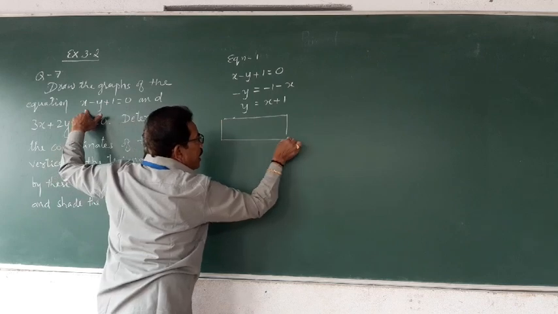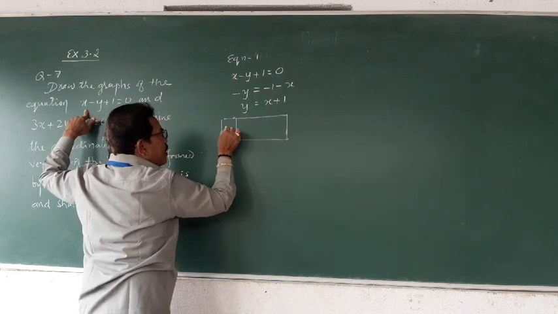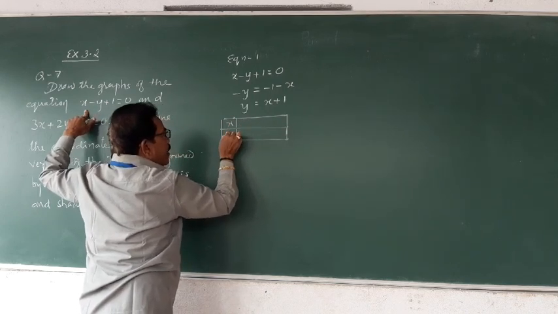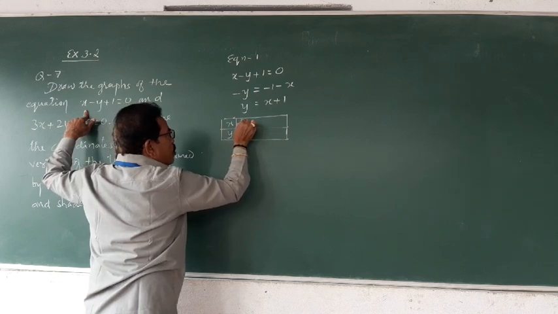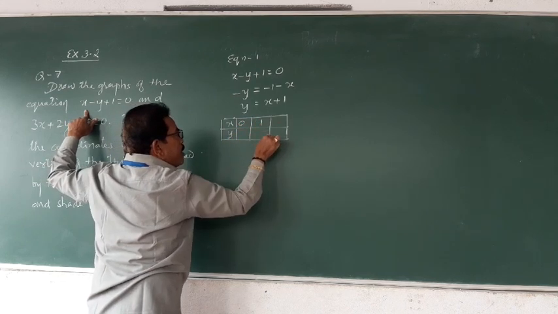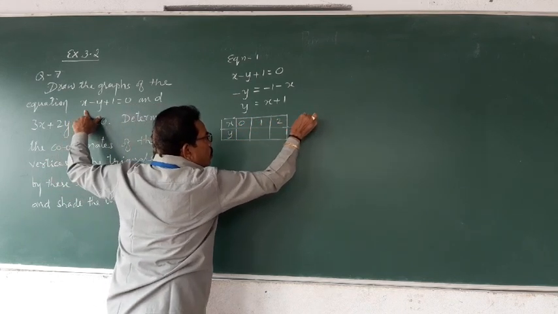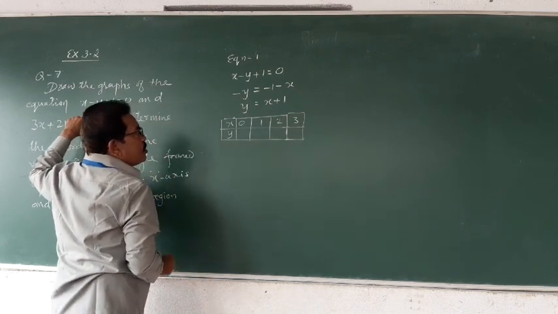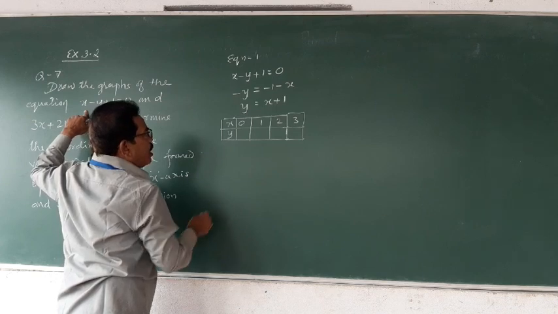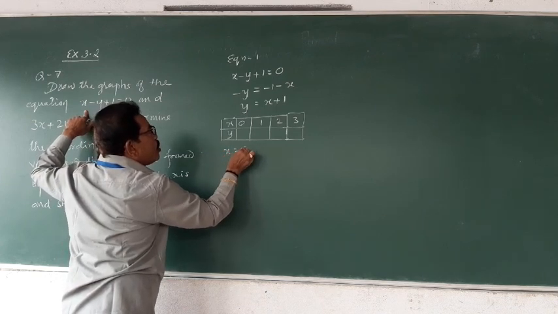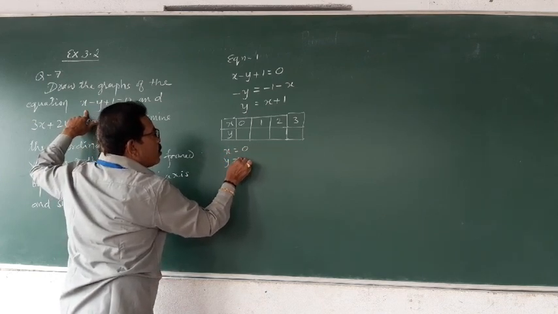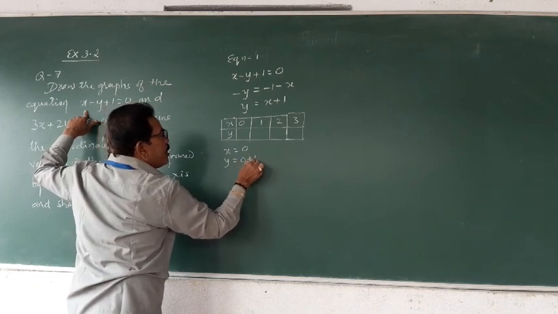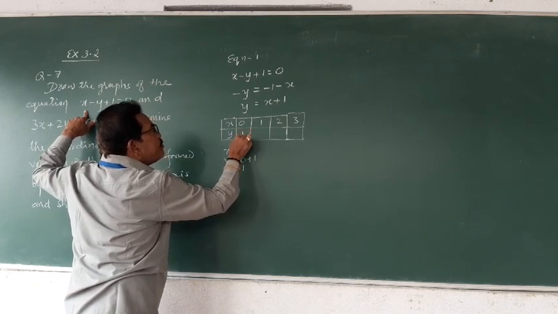Let us take the values of x as 0, 1, 2, 3. X equals 0, y equals 0 plus 1, which equals 1.